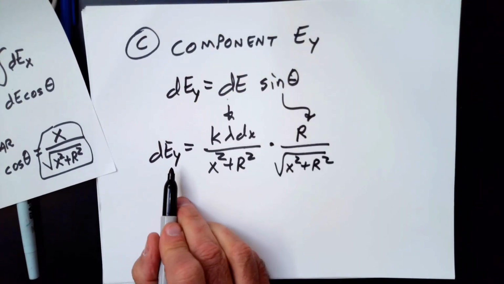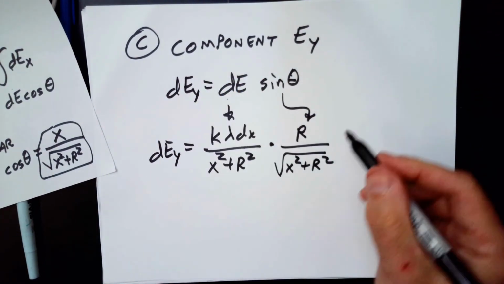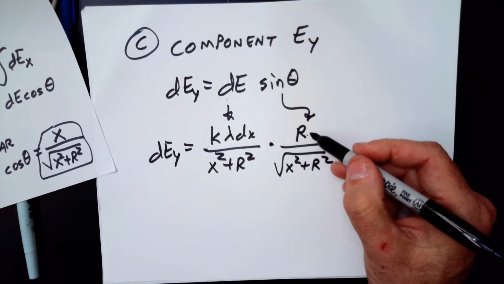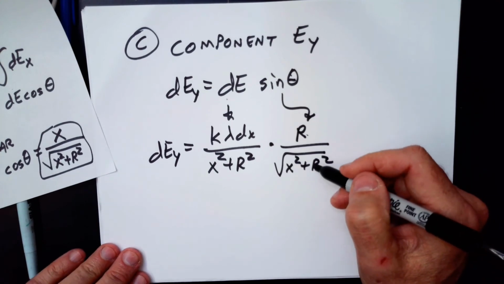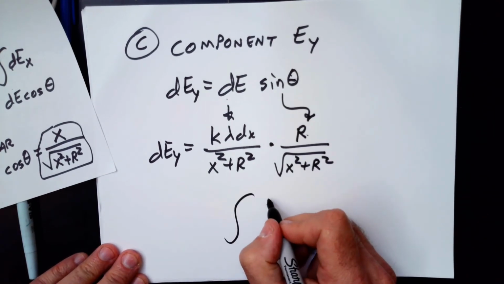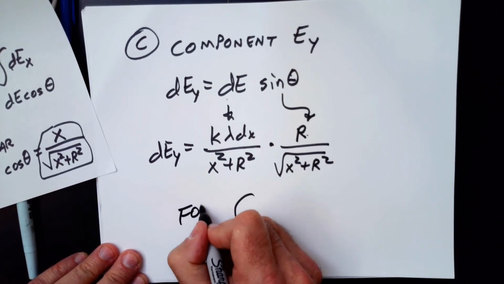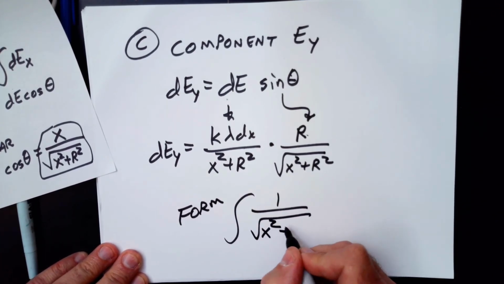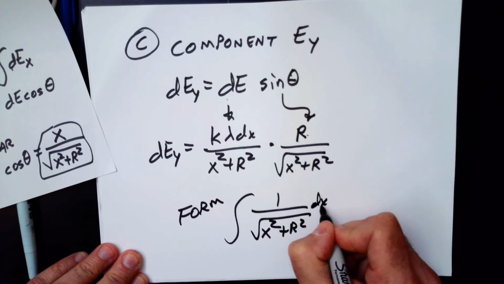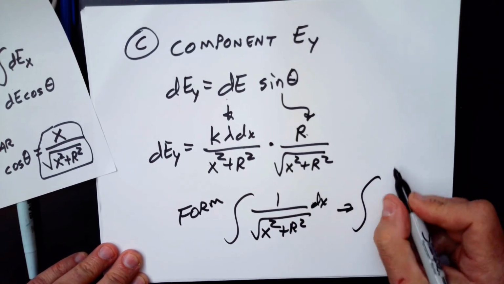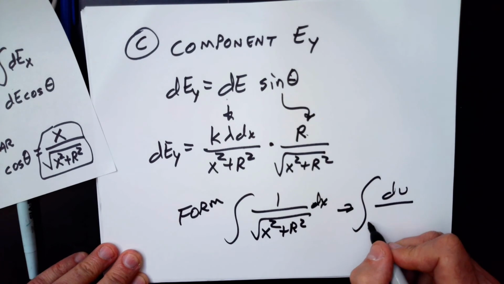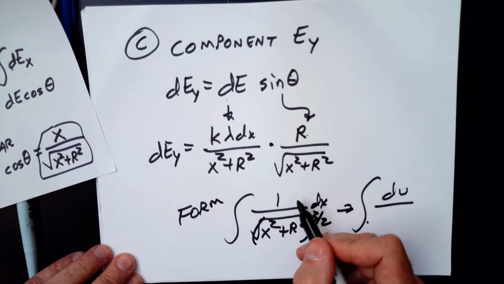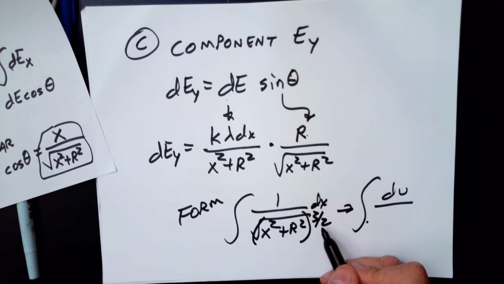Everything is the same as the one for dEX, with one change. Instead of an x here for the adjacent side over the hypotenuse, it's capital R for the opposite side over the hypotenuse. But that changes this integral into an integral that winds up being of this form. This is not the actual integral, this is the form. 1 over x squared plus capital R squared, quantity to the 3/2, dx.